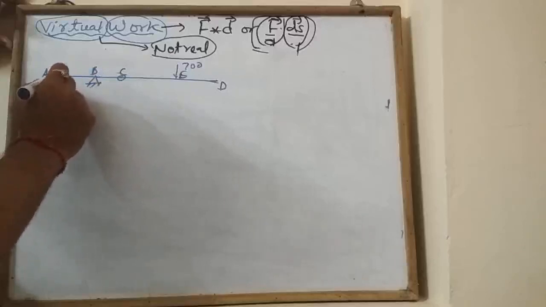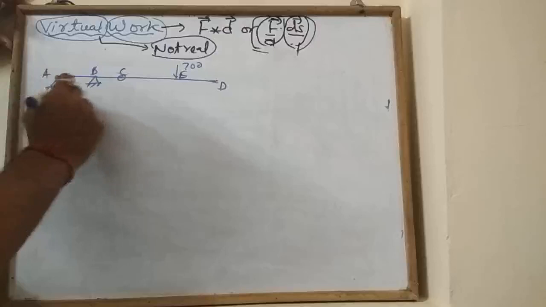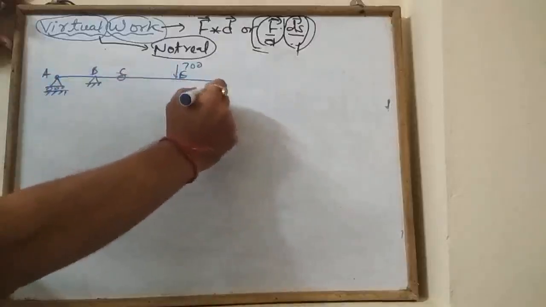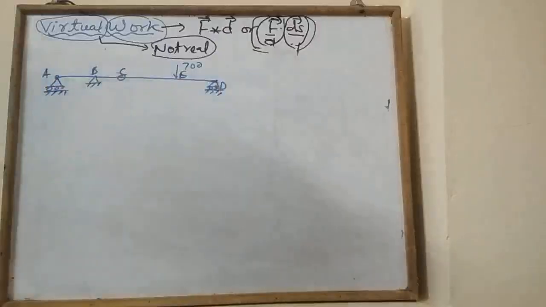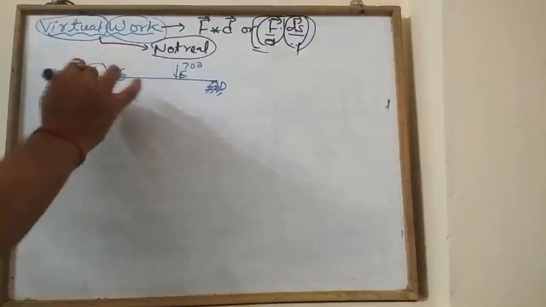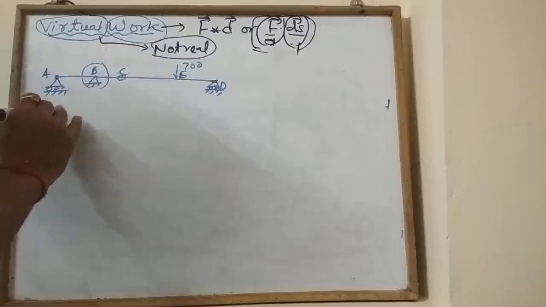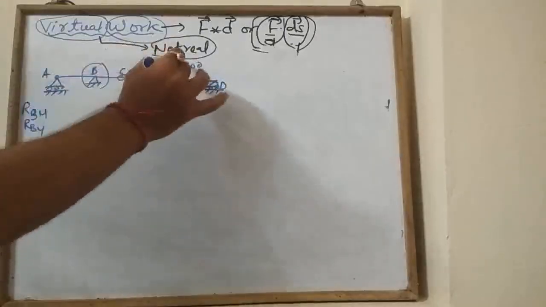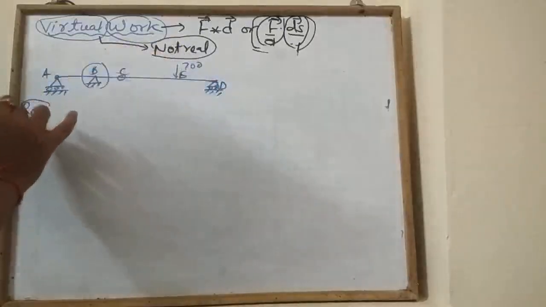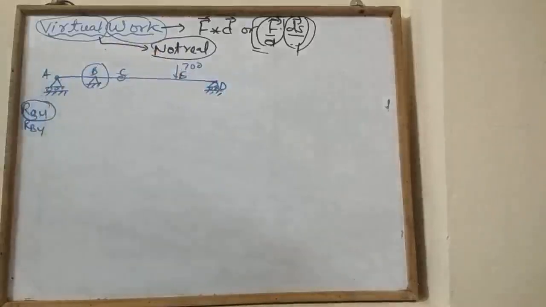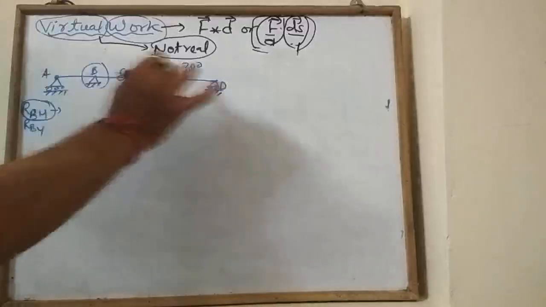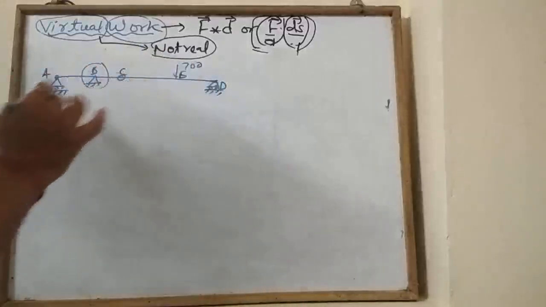Here it is a roller support. Now under the application of forces, RAH can be ignored as it will be 0 because of no horizontal component of forces.